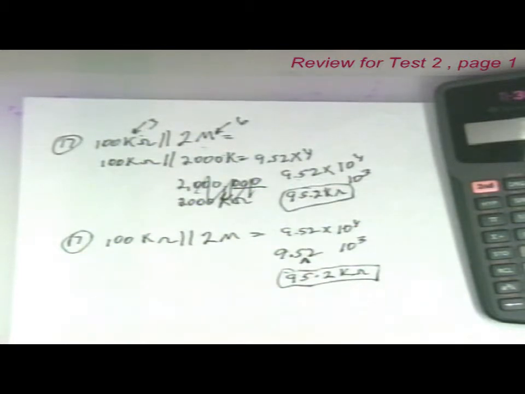Now, here's something, don't let it throw you. If you see a problem like this, if it gives you two different currents, and it gives you the total of the two different currents, it will ask you, is that true or false, the amount they get. In some of those it's going to be true, but in some of them it's going to be false.